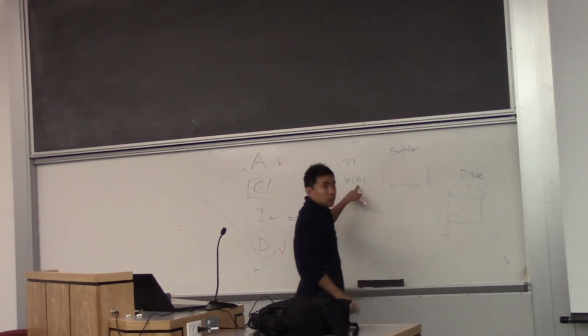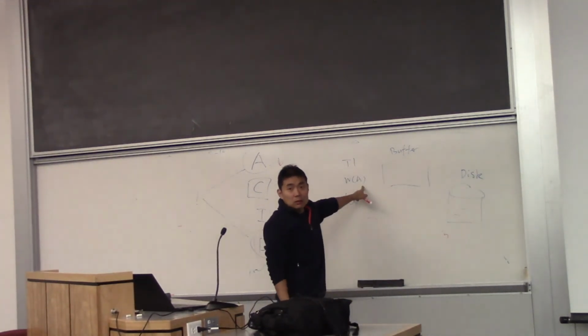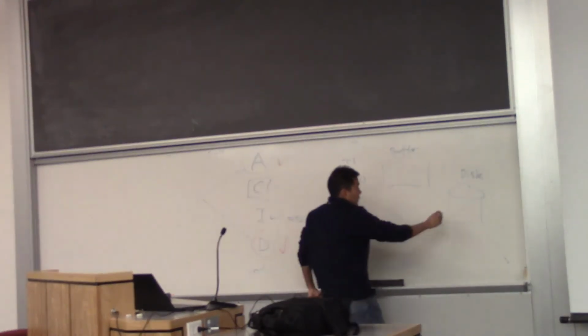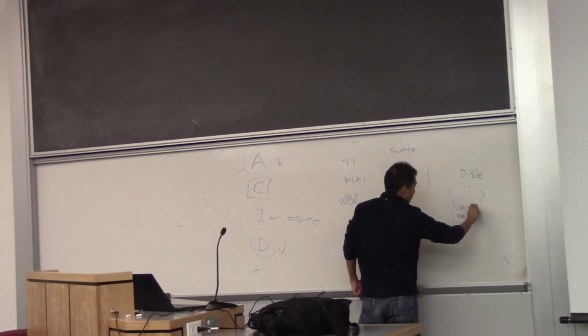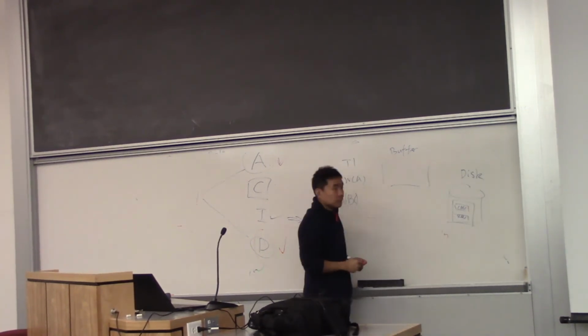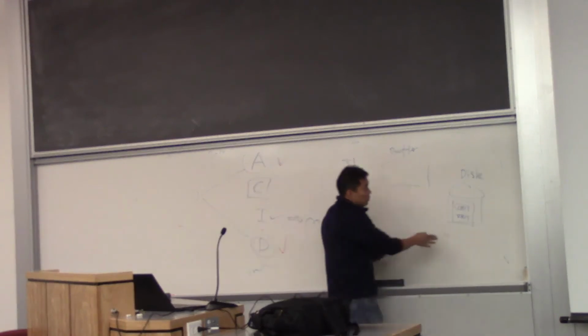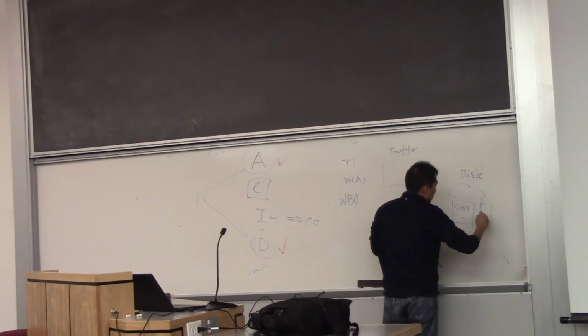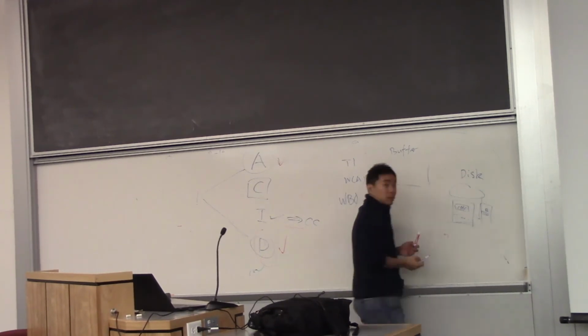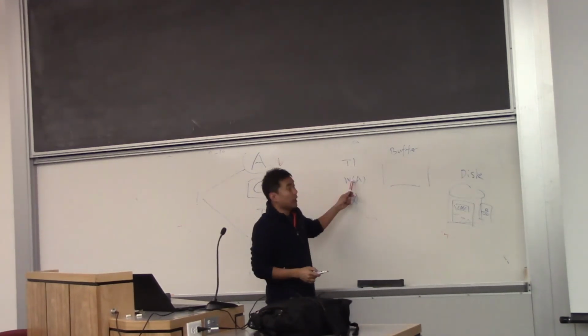Suppose A is a particular record. This is A and B on a given page. They are not necessarily on the same page. They could be on different pages. Okay, that's a picture. When you write A, what happens?